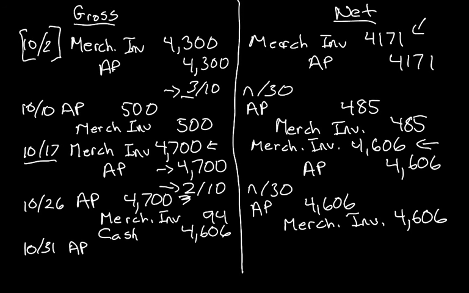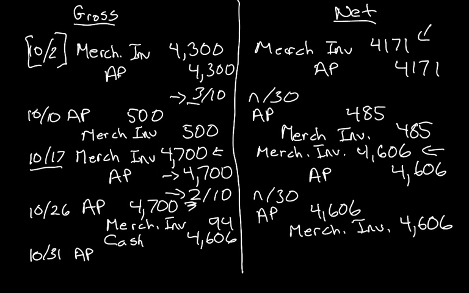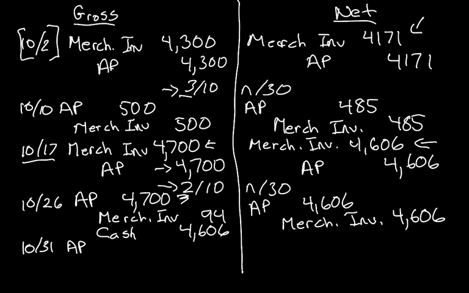On the amount that you owe. Now remember, on the gross side, on that October 2nd invoice, you initially borrowed $4,300. However, you got a credit memorandum for $500.